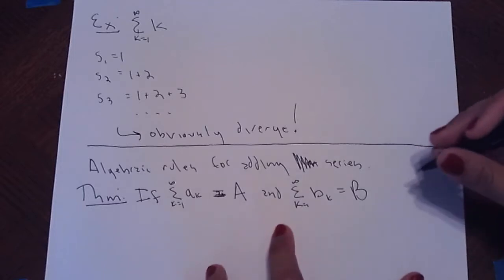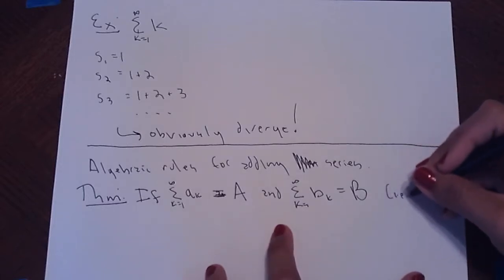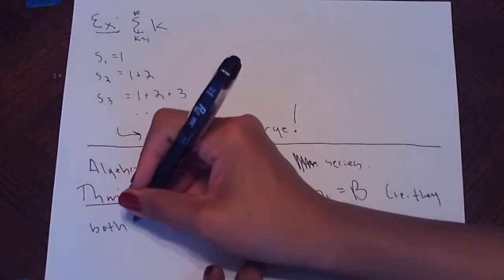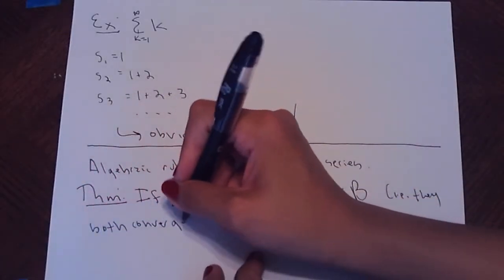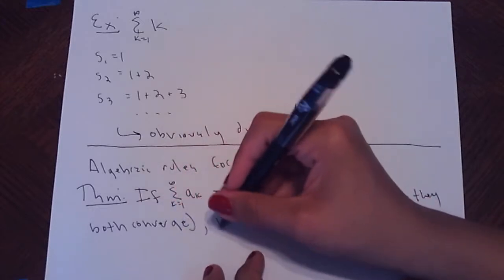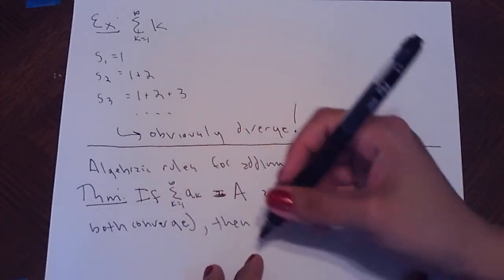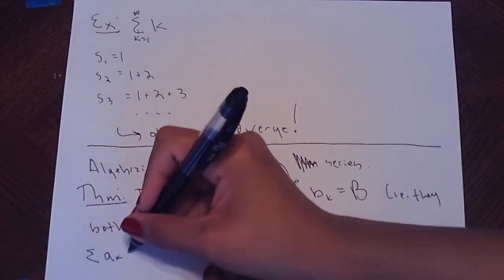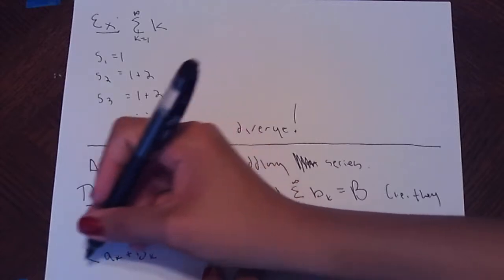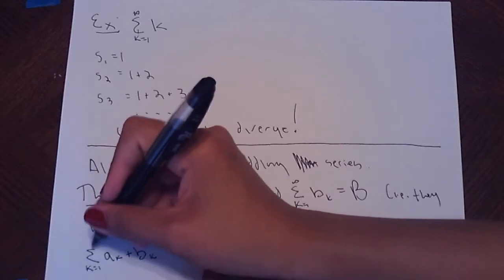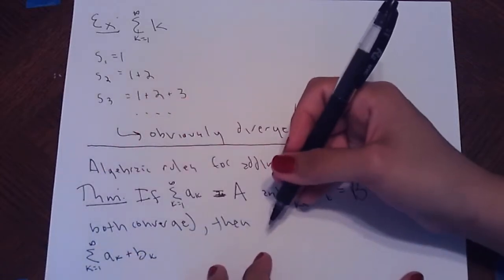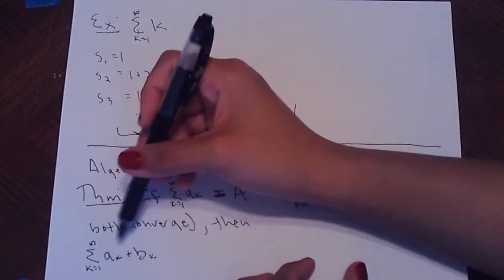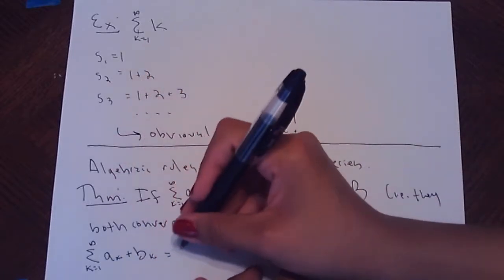If these both converge, then I'm going to get that if I take my sum of my sequences here, I don't have to consider this as one big chunk. I can split it into pieces.